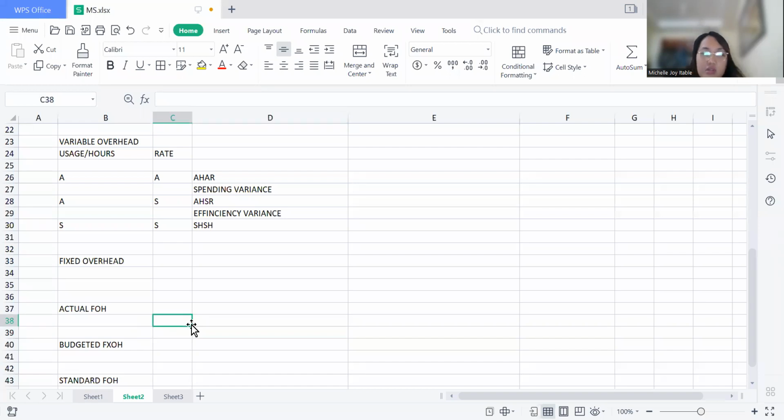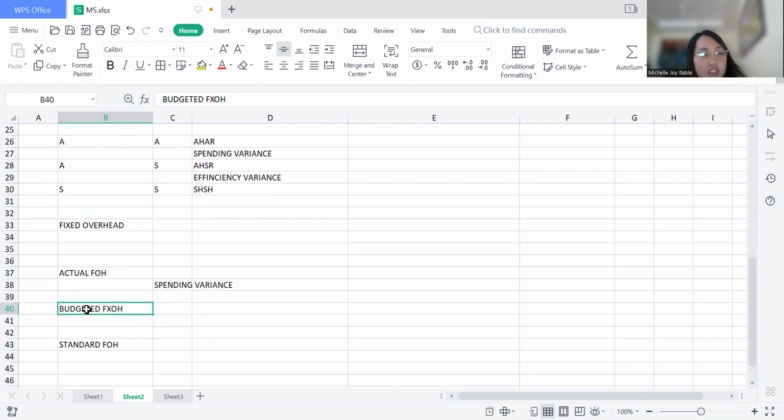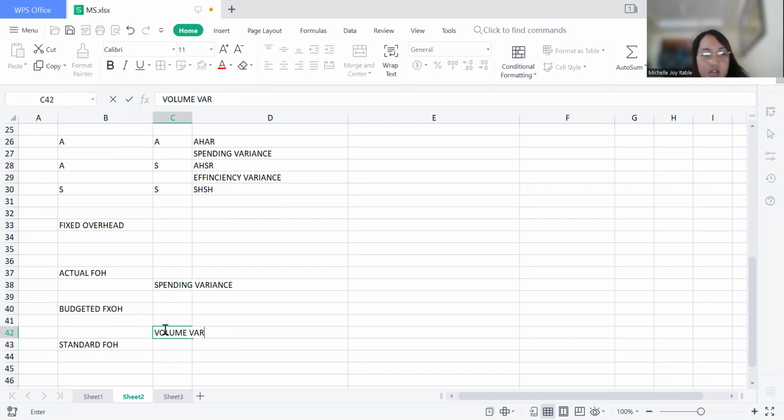So this one is what we call spending variance. Yung difference naman dito, itong budget, difference ng actual sa budgeted is the spending variance. Difference ng budgeted fixed overhead and standard, we have the volume variance.